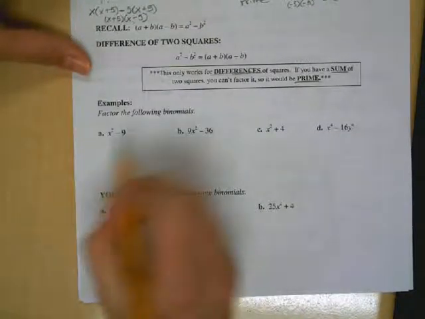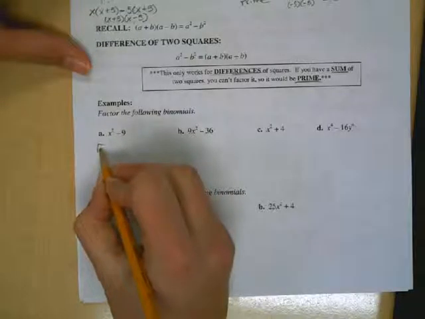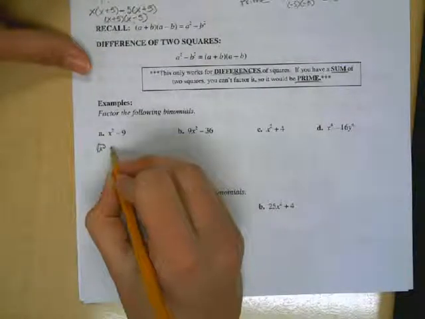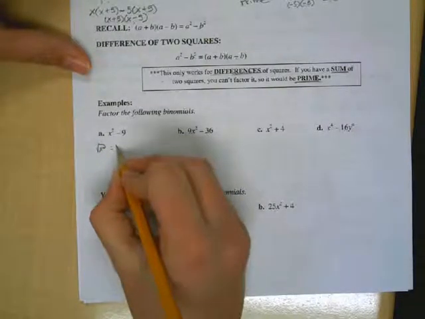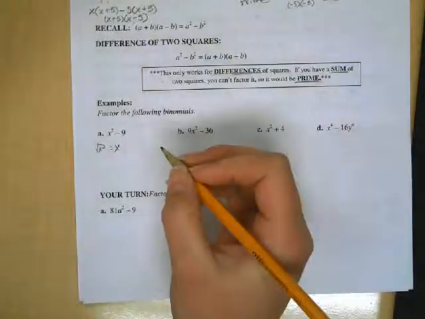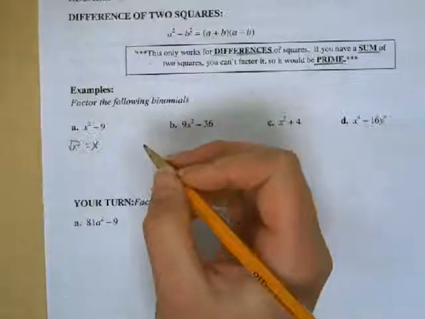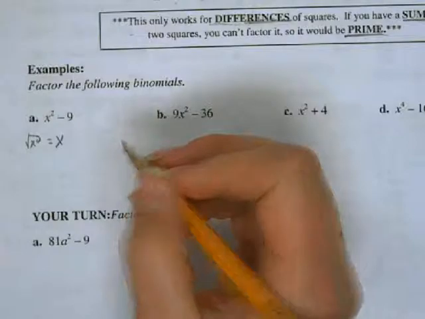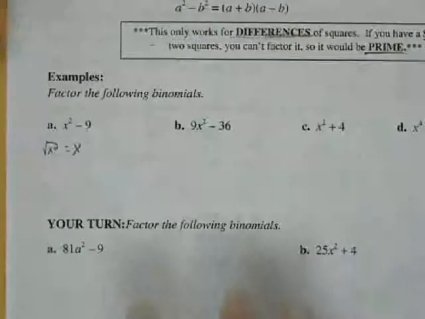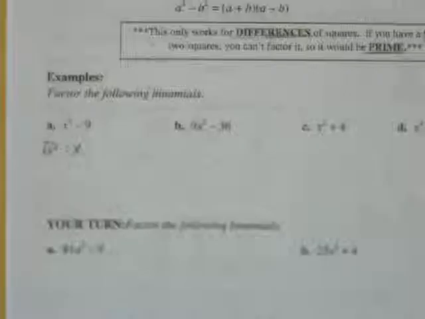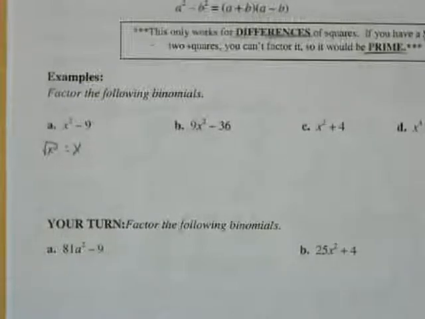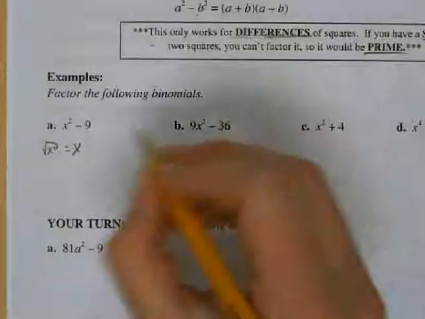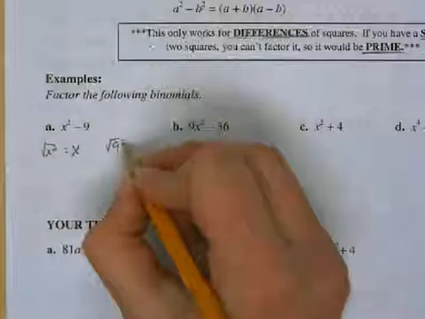Here we're going to jump ahead, and we're going to take the square root of both of these. Square root of x squared is just x. Probably need to zoom in a little more, sorry. Just realized that was a little bit small. The square root of x squared is just x. Square root of 9 is 3.